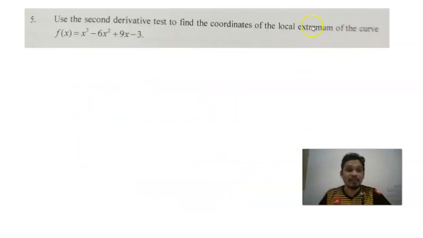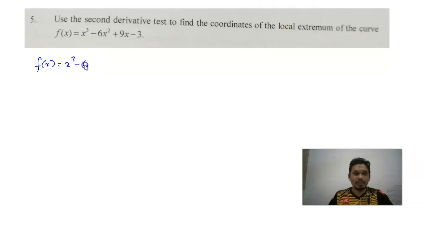Use the second derivative test to find the coordinates of the local extremes of the curve f(x) equal to x cubed minus 6x squared plus 9x minus 3. Using the second derivative test means that we're going to differentiate this function twice.